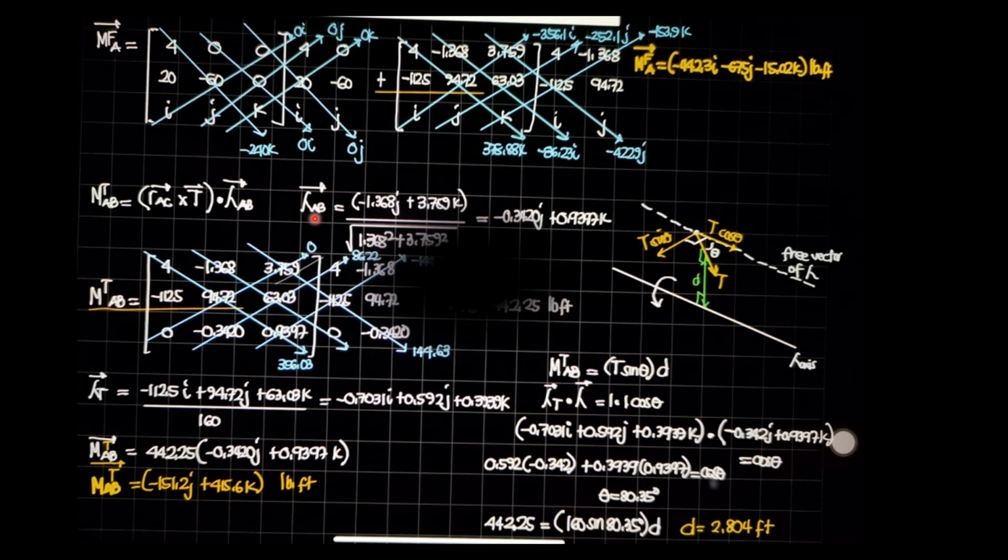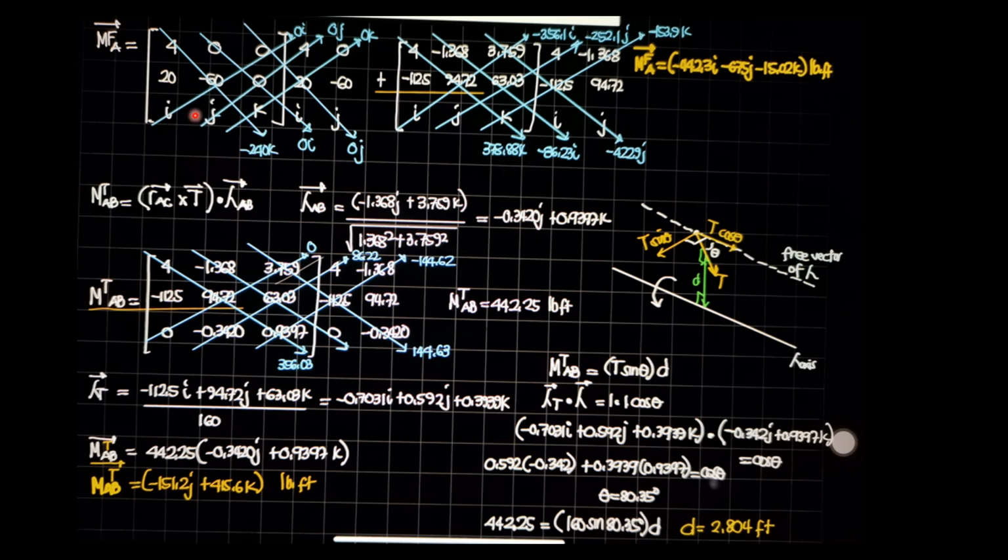So to continue, moment of the force about point A by vector approach is RAD cross P. So A to D, that's D minus A. So AD is simply 4 along X, 0 along Y, 0 along Z. Then components of P, 20I, negative 60J, 0K.